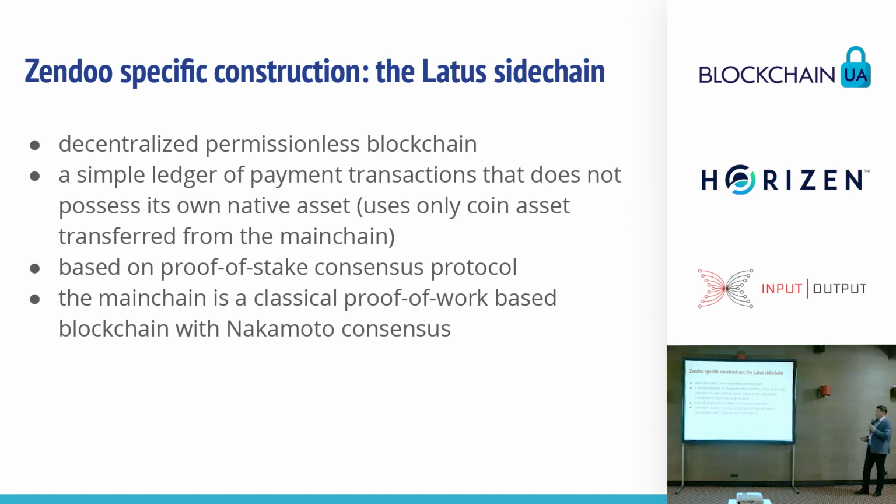And we assume that the main chain is a classical proof of work blockchain that runs Nakamoto consensus. So Latus is developed for Horizen Mainchain, and such sidechains will be deployed with Horizen Mainchain.